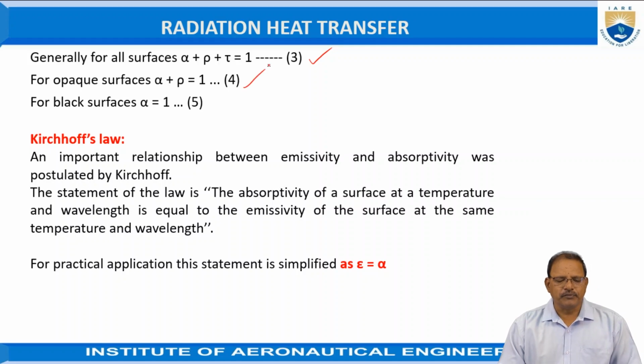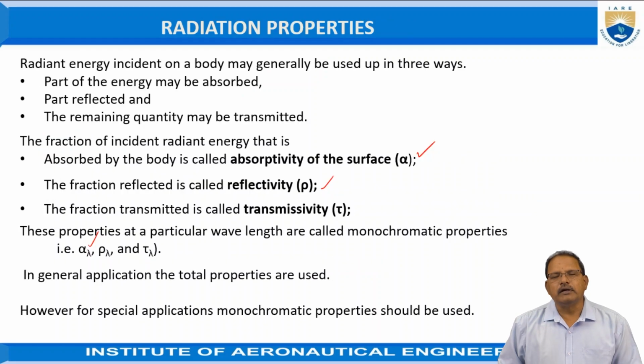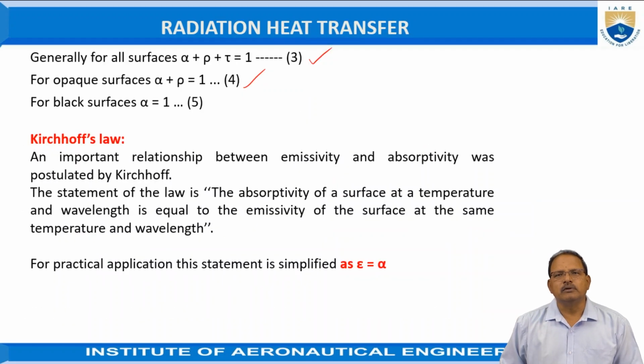This is known as opaque surfaces. For the black body, the entire energy is absorbed by the body, hence it does not have the property of transmissivity or reflectivity, so alpha is equal to 1. Reflectivity as well as transmissivity are not at all applicable for black bodies, hence alpha is equal to 1.